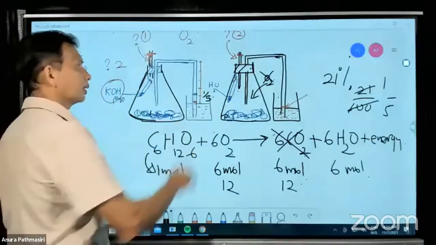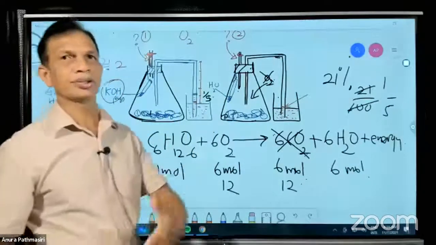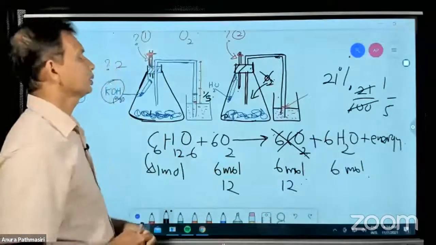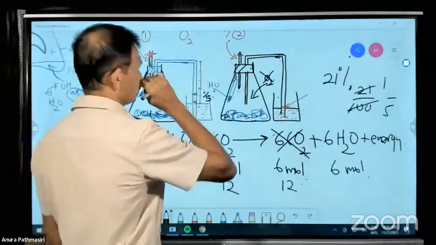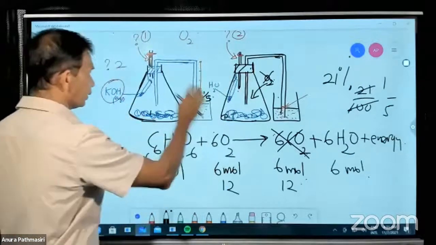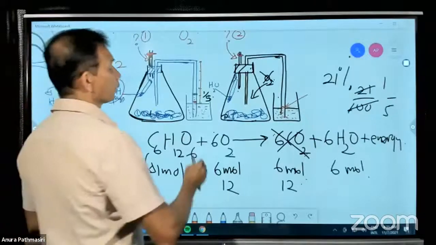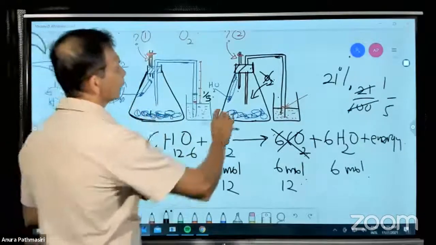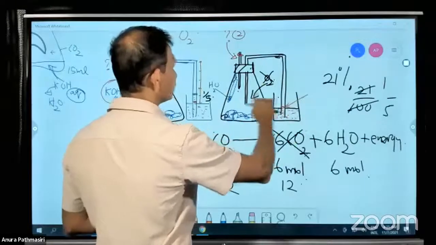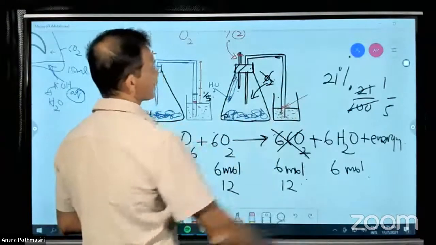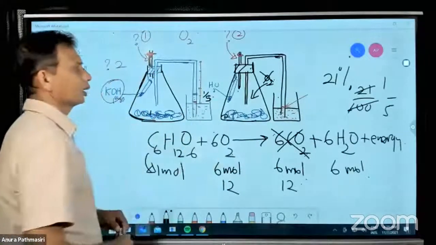And that indicates the oxygen is used for the cellular respiration. This is visible in this experimental setup, but you can't see it in the control experiment. It is not there.